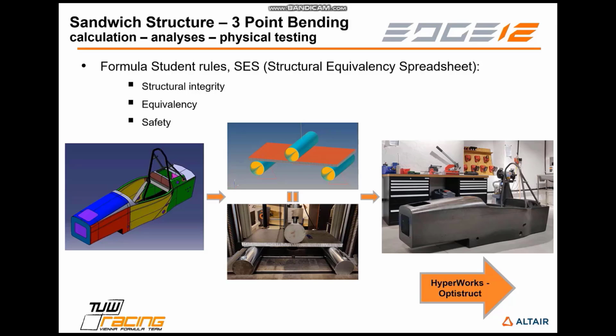In Formula Student, we have some rules regarding structural integrity equivalency, which leads to driver safety. So we need to split up the monocoque in different parts and make some physical tests to pass this document. For this reason, we use HyperWorks OptiStruct to simulate the panels before we test them.